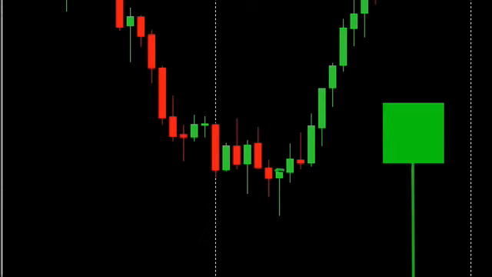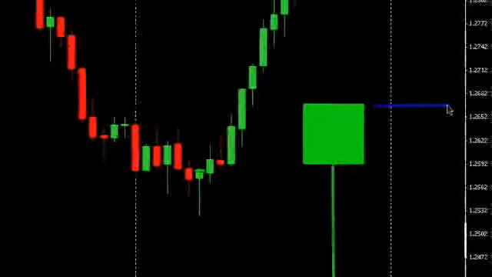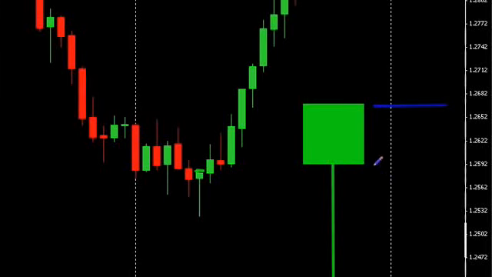Now the tail absolutely has got to be 2 times the width of the body. Very simple. So here's 1. It needs to be equal to 2 times the width of the body or greater.